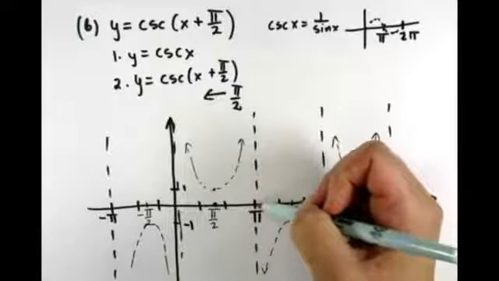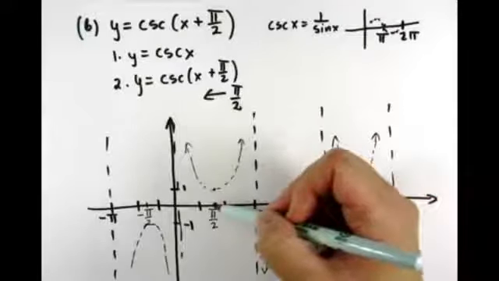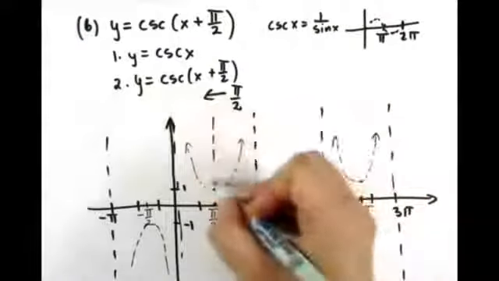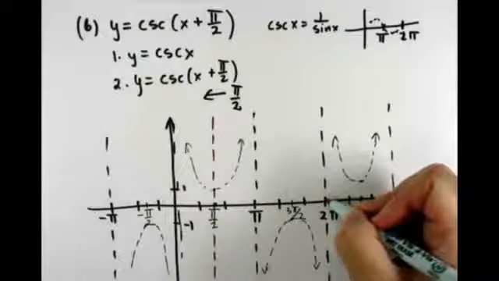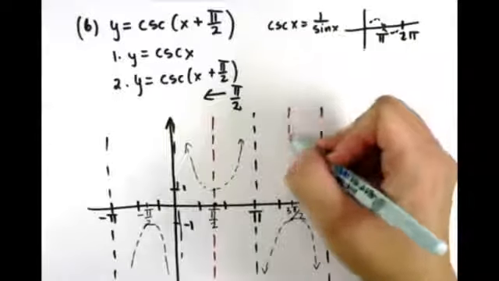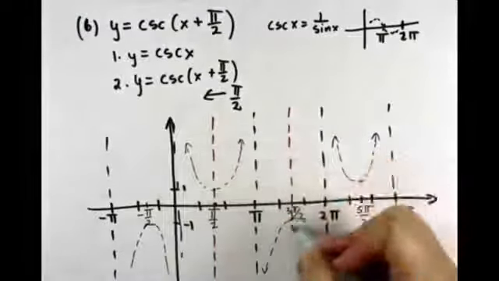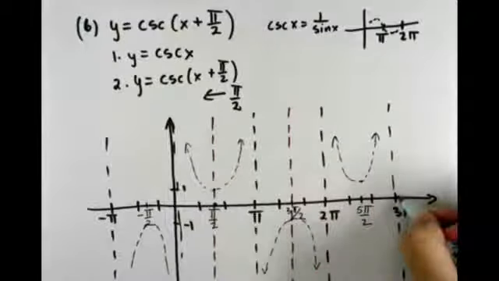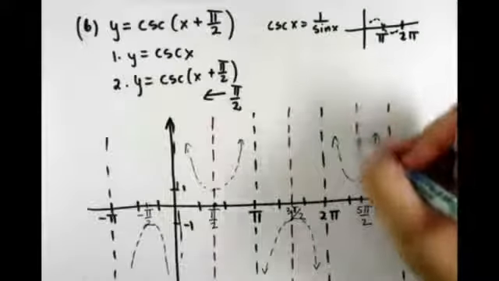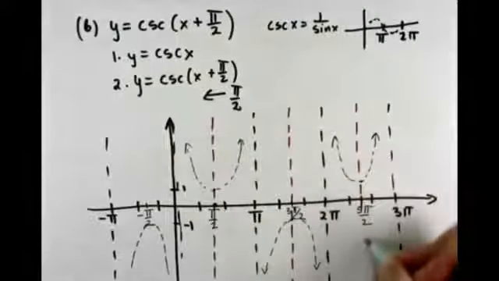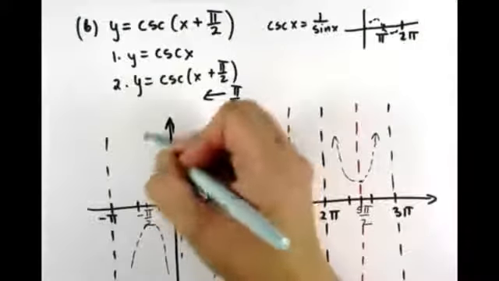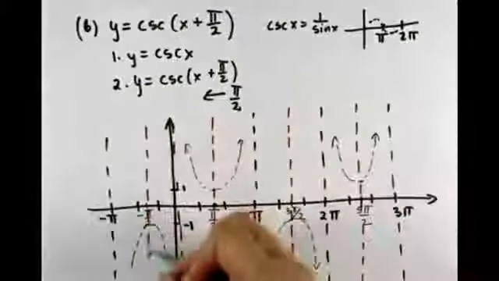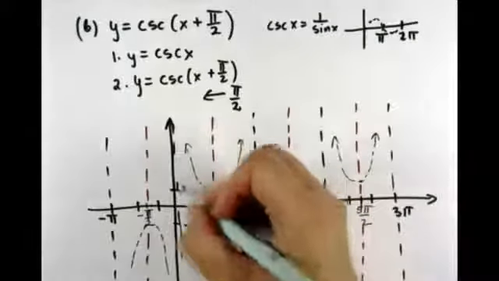So the asymptote from pi goes to pi over 2 right here, and the asymptote from 2 pi goes to half pi, and this asymptote from 3 pi goes to 5 pi over 2. So it gets a little bit confusing. From 0 it goes pi over 2 to the left, and then this graph is shifted right here.